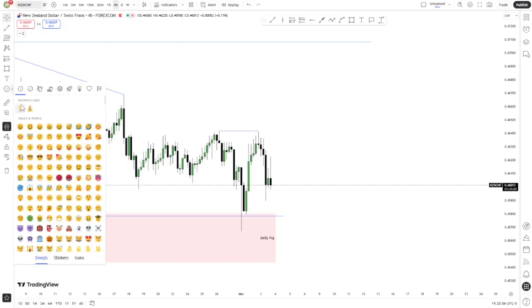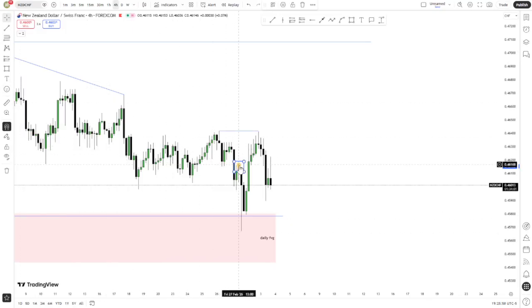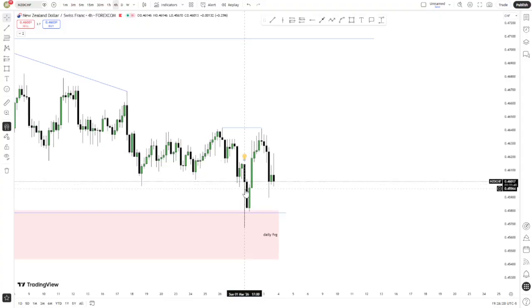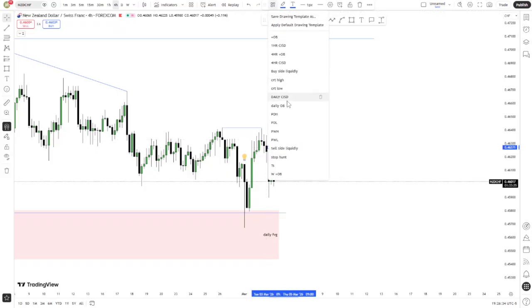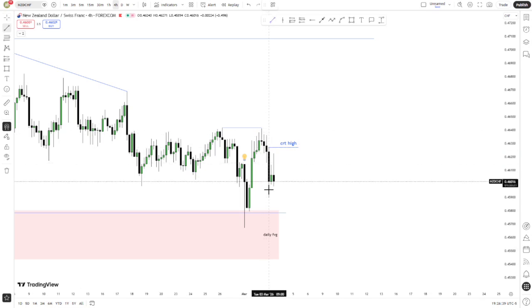We have an internal break of structure. So now we have this as our key level to work with because price is now inside. I have two options. Now I have this C out to high and I have this C out to low.